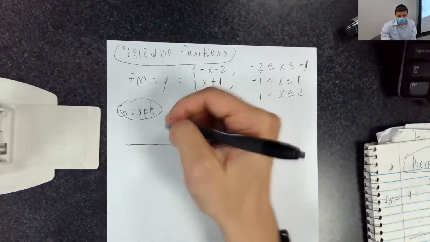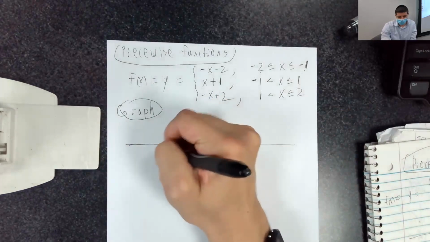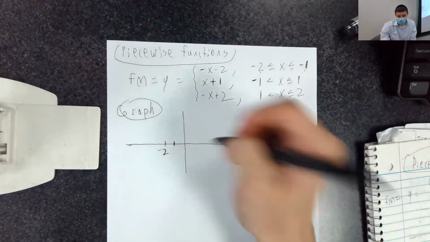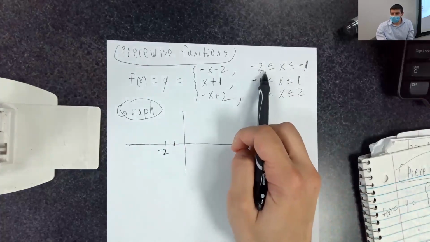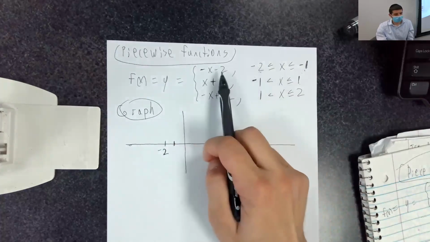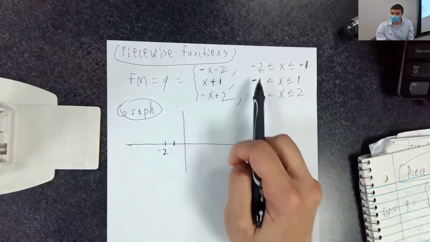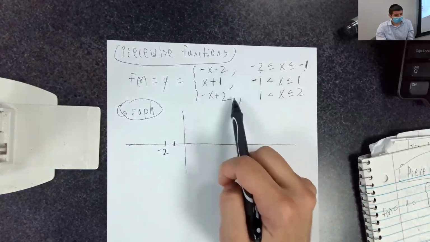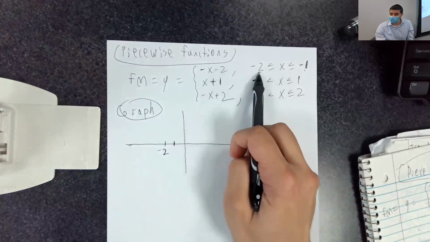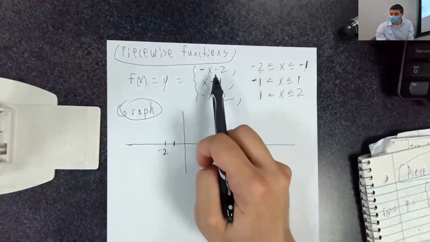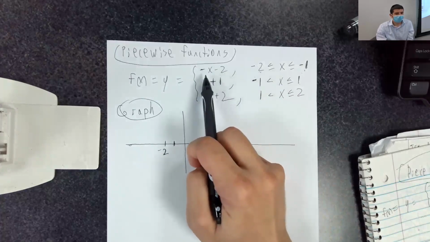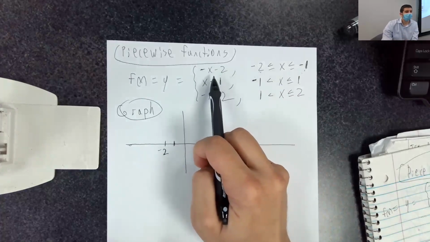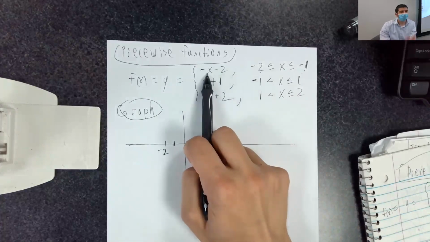So you're going to plug in negative 2. And when you plug in x equal -2, notice -2 is part of the first function. -2 is not part of the second or the third. So -2 is part of the first function. If we plug in x equals -2, what's going to be our output? It's 0.